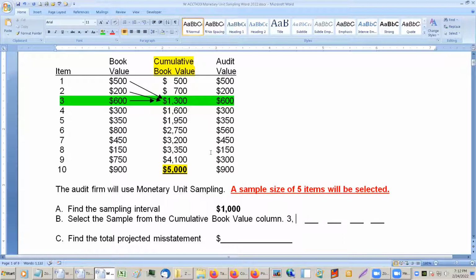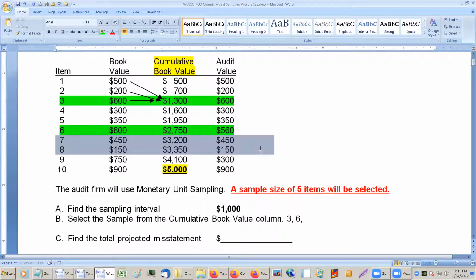Now we've got to find the one that crosses $2,000. Which one crosses the $2,000 mark? 6 crosses. Which one crosses the $3,000 mark? 7.